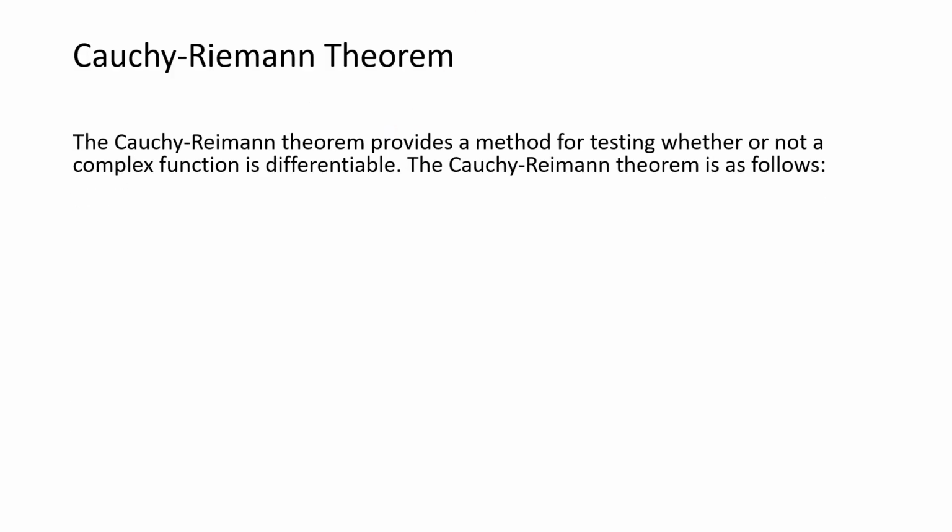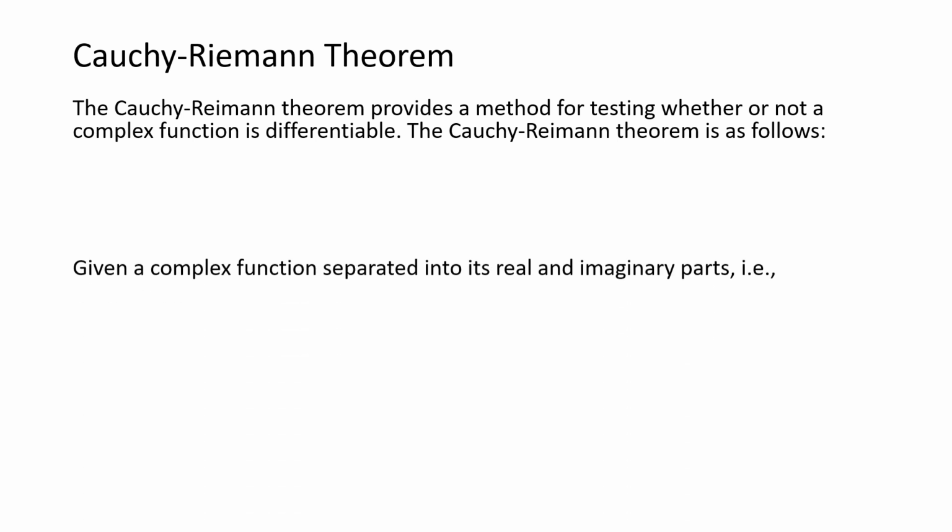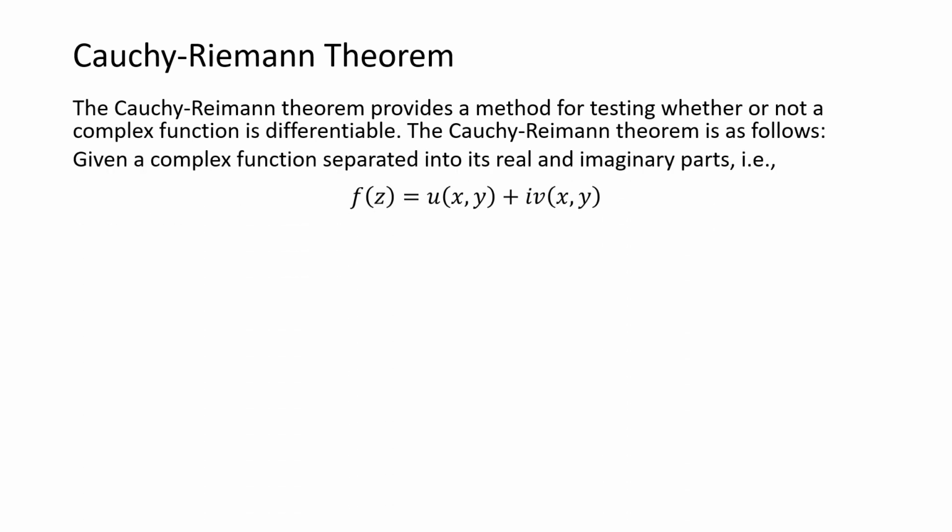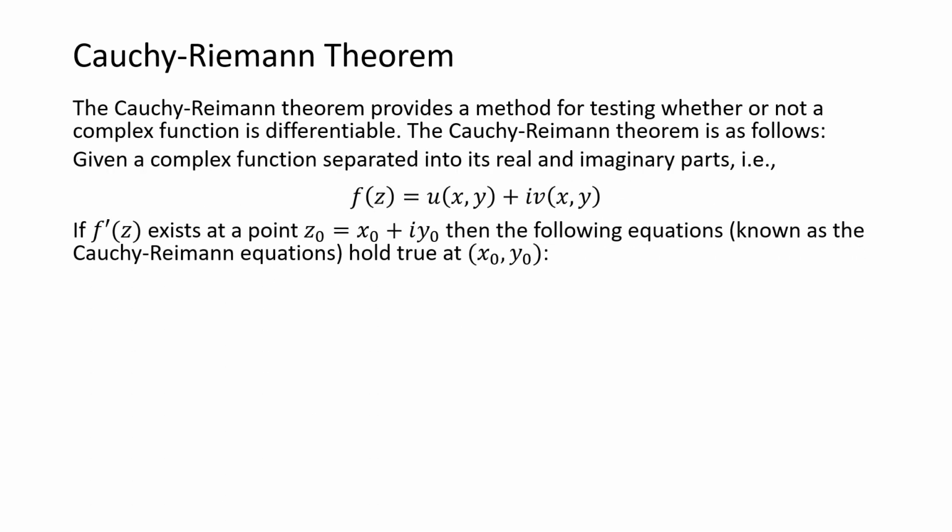Okay, as I noted, the Cauchy Riemann theorem gives us a way of verifying that a derivative exists. So we basically take a complex function and break it into its real and imaginary part. We've seen that already. The Cauchy Riemann equations, which are basically the heart of the theorem, need to hold true in order for this derivative to exist.